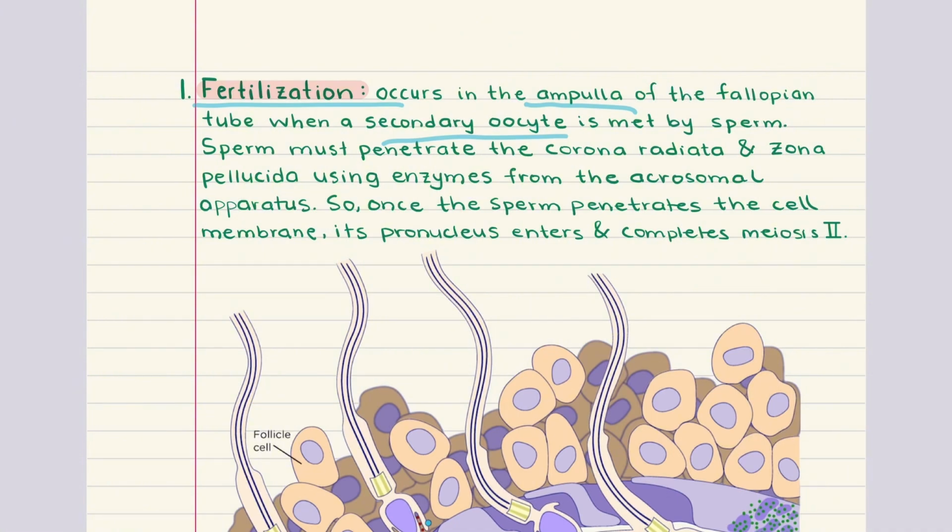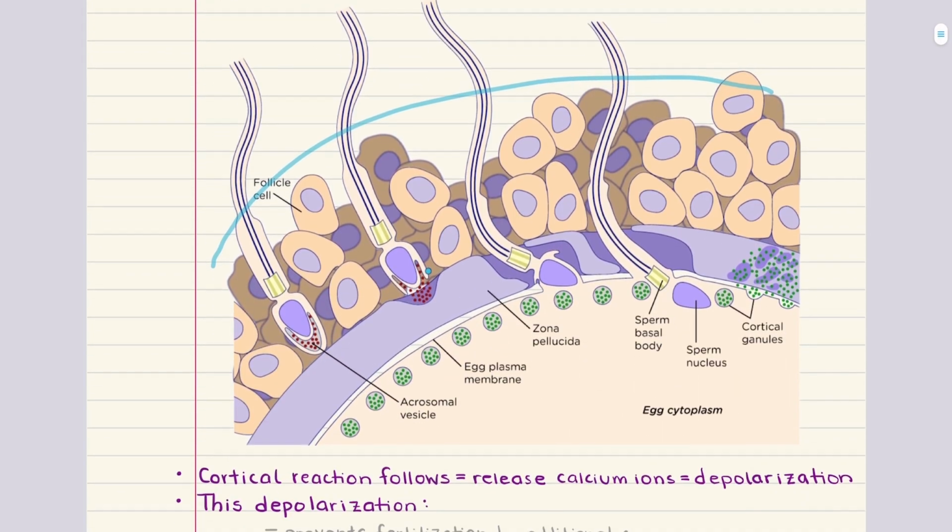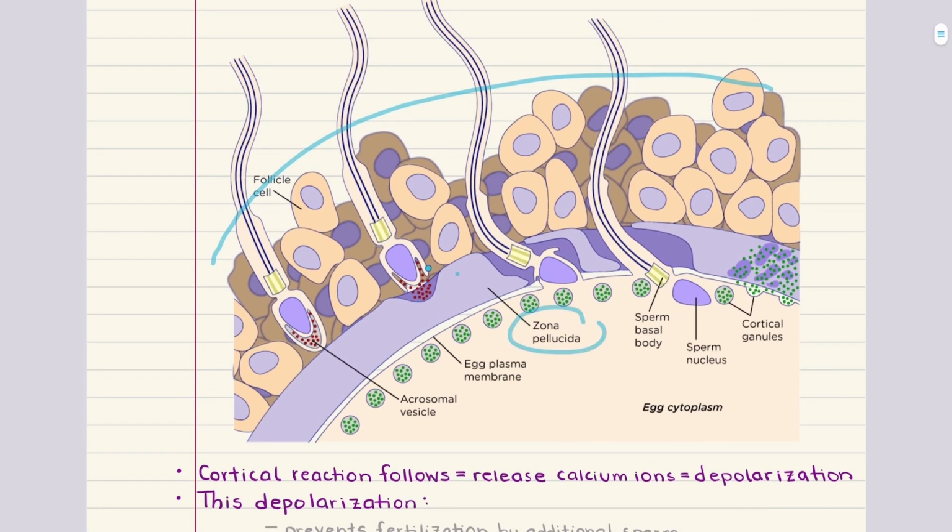If you remember from our previous chapter, a secondary oocyte has been ovulated, but it hasn't completed meiosis yet. For fertilization to happen, the sperm has to make its way through two protective layers that surround the egg: the corona radiata, which is the outer layer of follicular cells, and the zona pellucida. This is the glycoprotein-rich layer that's just outside of the egg's plasma membrane.